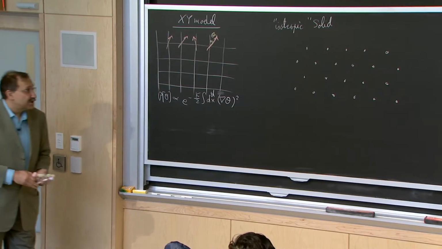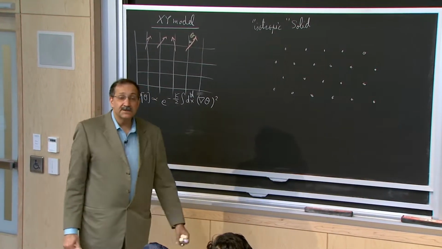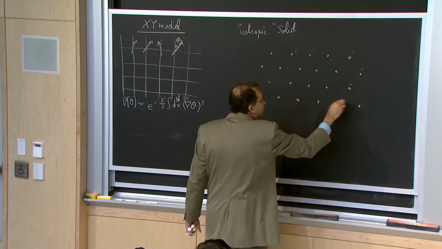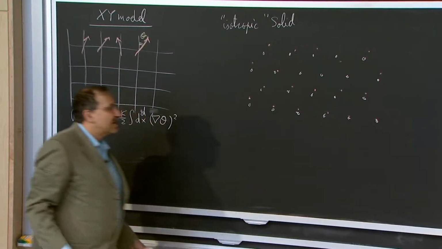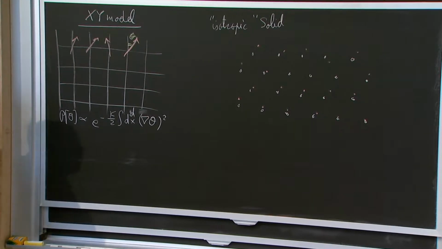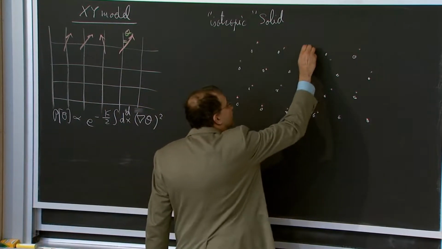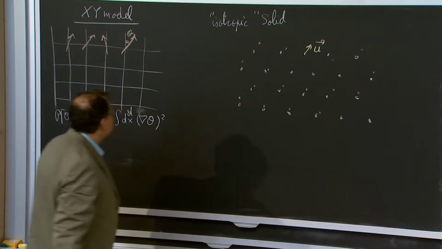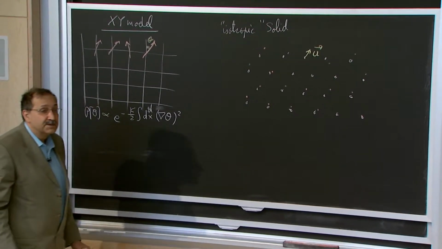Now, similarly, away from 0 temperature, the atoms of a solid will fluctuate around the position that corresponds to the minimum. So the actual picture that you would see at any finite temperature would be distorted with respect to the perfect configuration, and there would be some kind of a vector field u at each location that would describe this fluctuation.